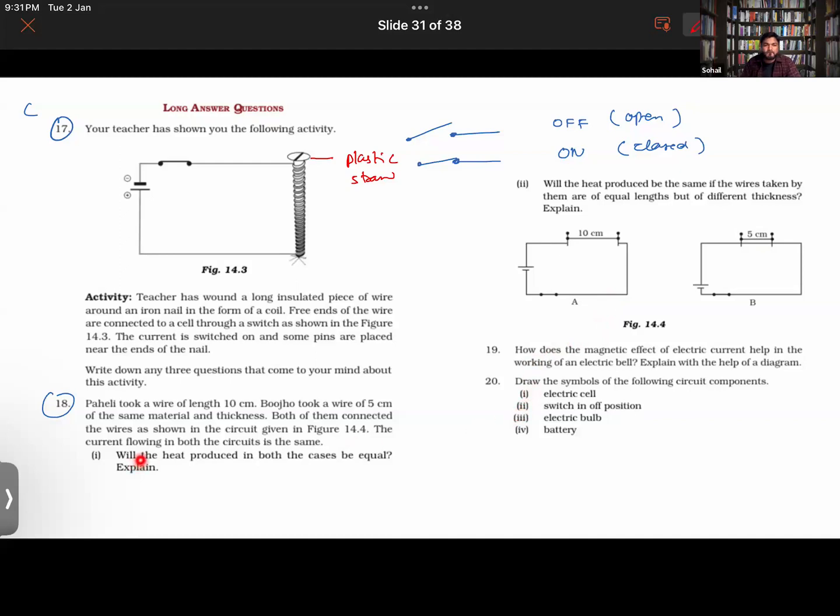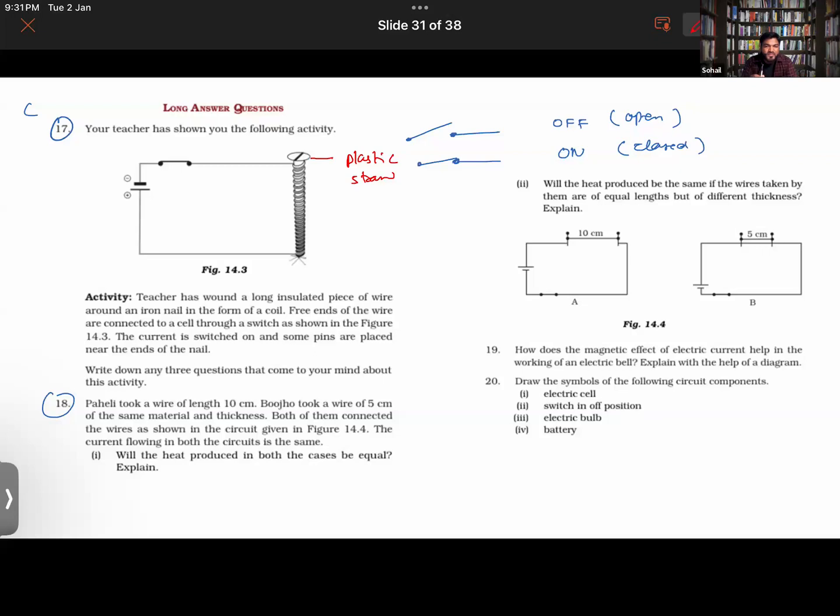Sir, in the question they mentioned thickness, so basically the wires are thick, right? Thickness basically refers to the diameter of the wire. When we talk about thickness, it does not necessarily imply that the wires are thicker. Any object in my hand will have some amount of thickness.